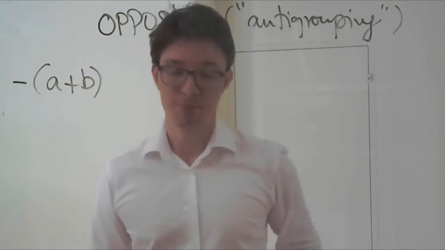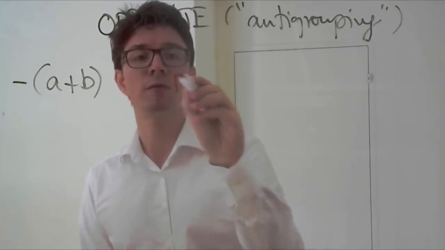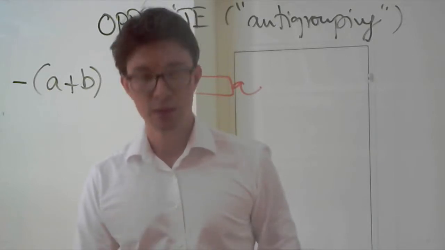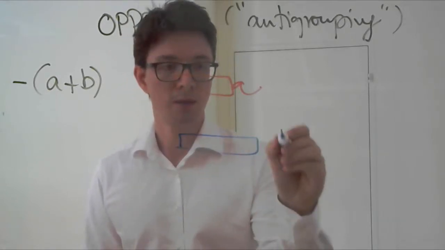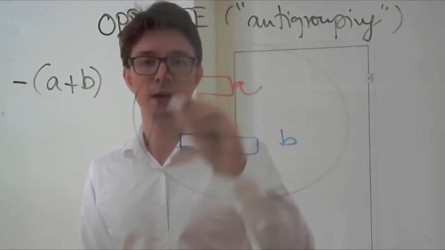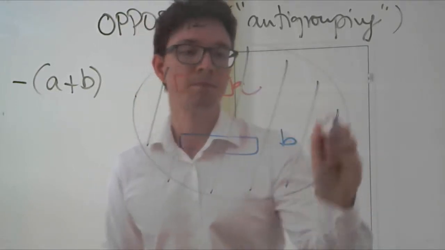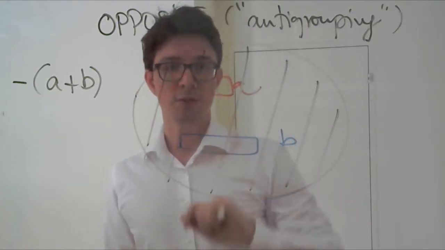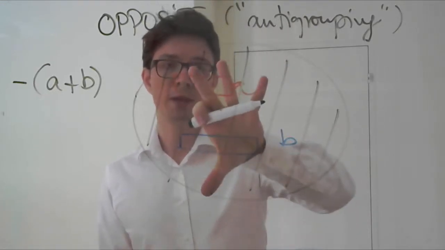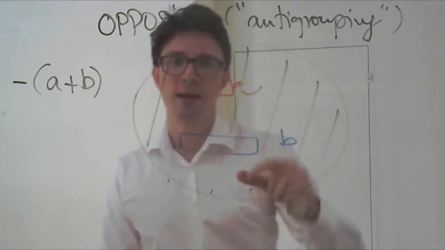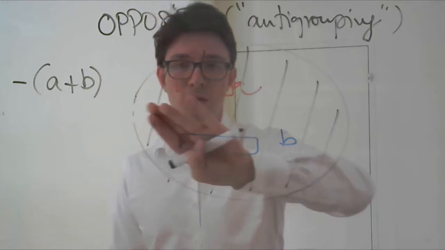We have a plus b, so a sum of some variable a and some variable b, and we have the sum of that and the opposite of that sum. Now it's quite natural to just split this anti-grouping. Group things together and flip everything is quite naturally the same thing as flipping everything and then grouping things together.